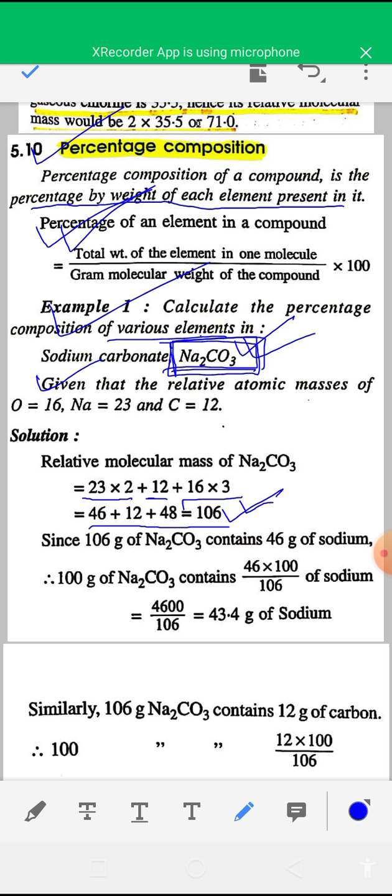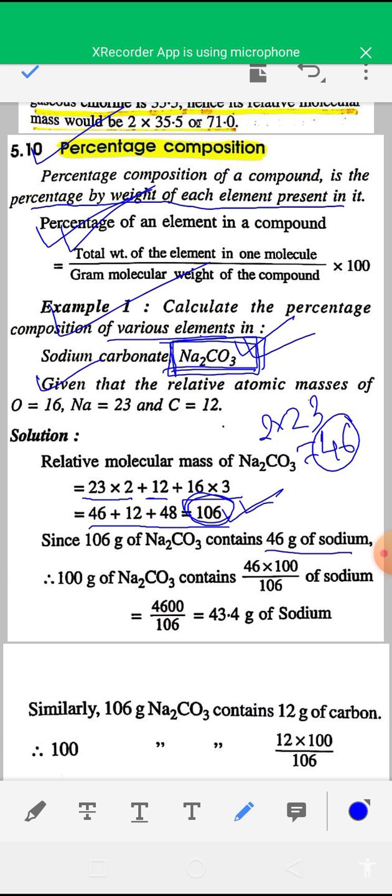Now see, in 106 gram Na2CO3, mass of sodium is 2 into 23, that is 46 gram. So 106 gram of sodium carbonate contains 46 gram of sodium, then 100 gram of sodium carbonate contains 46 into 100 divided by 106.